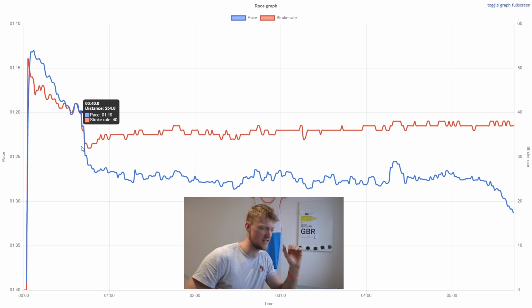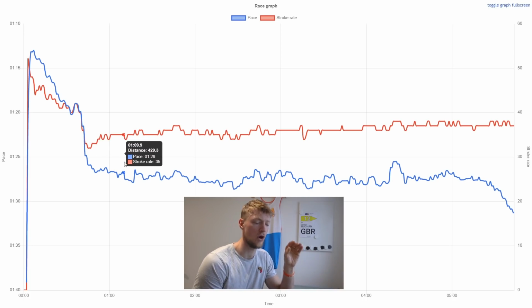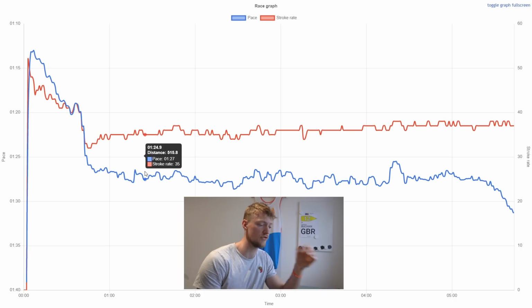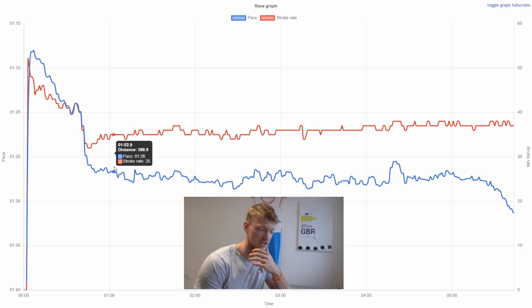It'd be really interesting to see if he took that first 40 seconds out and jumped on to, say, instead of holding 126 at the 35, 127 in the middle, say he held 125 for the entire piece, how that would make him feel versus doing that sub 120 for 40 seconds and then slowing down to 126, 127.